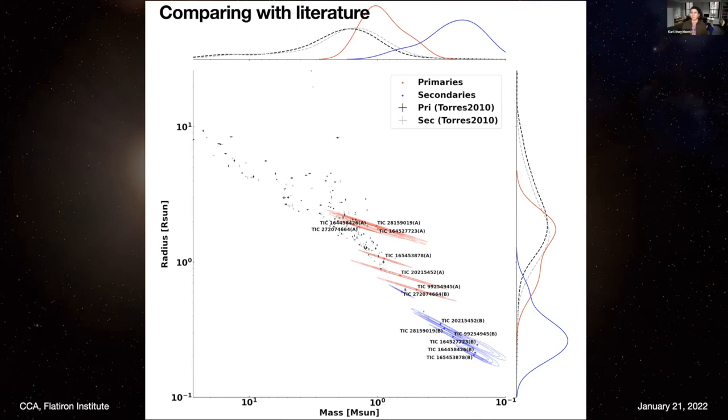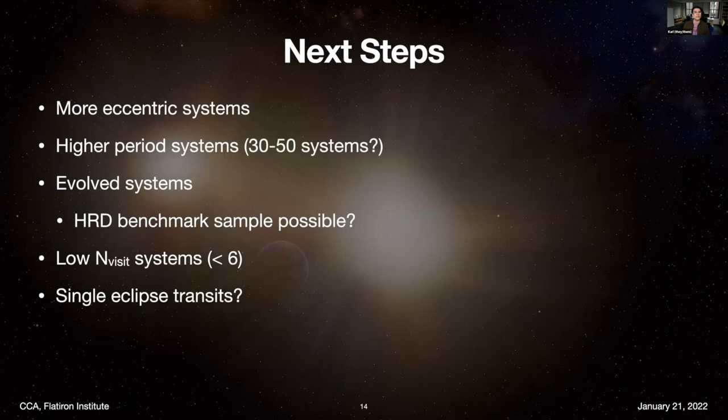So right now, we're working on simply getting a larger sample of binaries that have data across both APOGEE and the TESS catalogs. And as it stands, if we go up to higher period systems, that expands our sample to almost 50 systems.